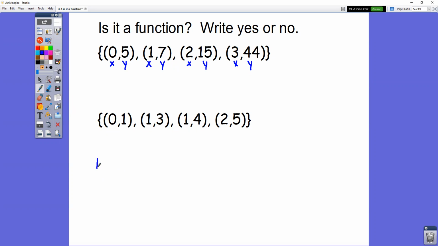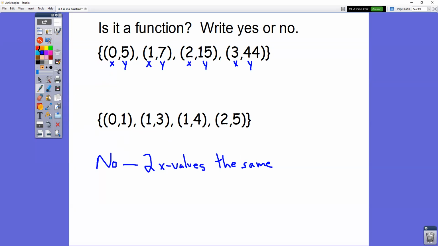For a function, your answer is a no when there are two x values the same. Whenever there are two x values the same, it is a no. So let's take a look at that first one. I have 0, 5, 1, 7, 2, 15, 3, 44.